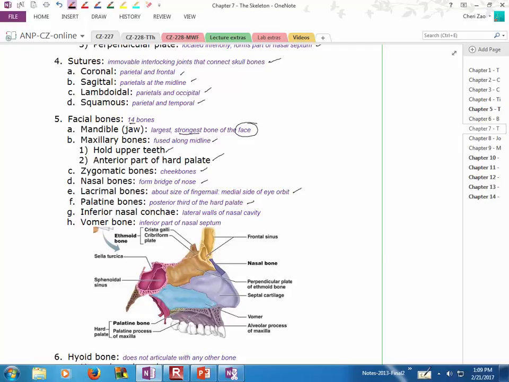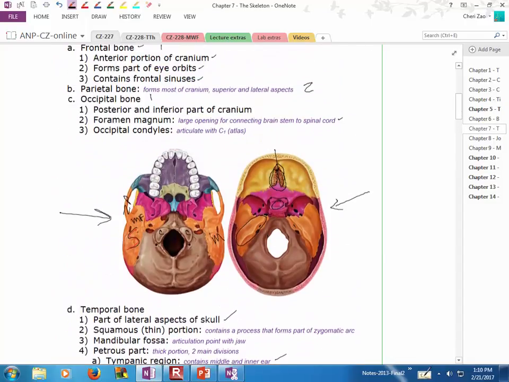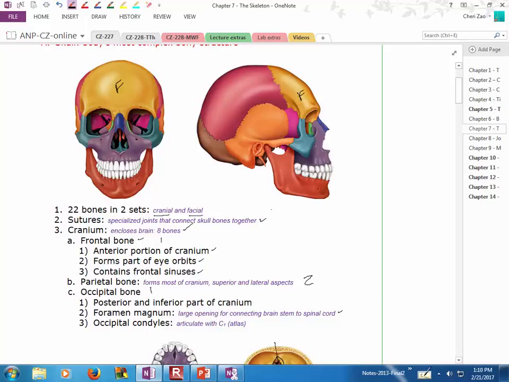There is a bone that's kind of odd. It's a nasal concha. There are actually superior, middle, and inferior nasal concha, and this is listed as a separate bone because it actually is kind of floating around there and held in place by connective tissue and mucosa. So the inferior nasal concha arises from the lateral walls of the nasal cavity, and just to point it out, it's this guy right there.